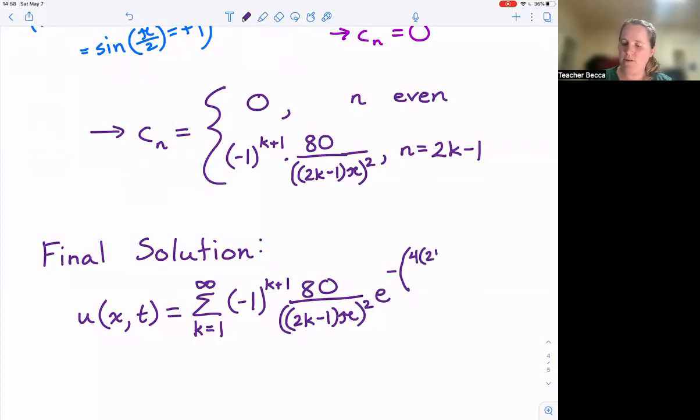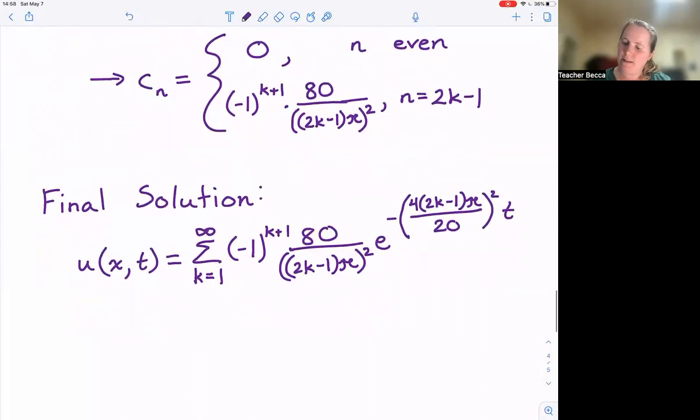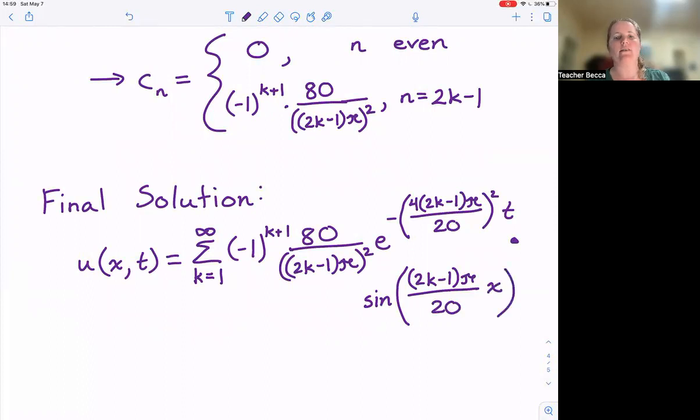N is now 2k minus 1 pi over 20. That whole thing squared times t. And then times, I didn't leave myself enough room, times sine of n pi over L x. But again, our n here is 2k minus 1, times pi all over 20, and times x inside our sine. So this is what we wind up getting as our solution.